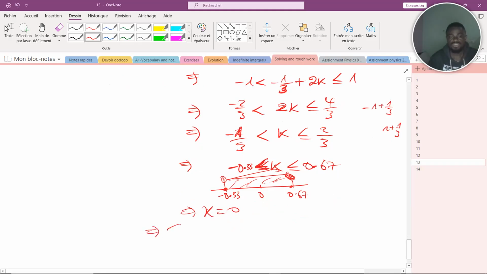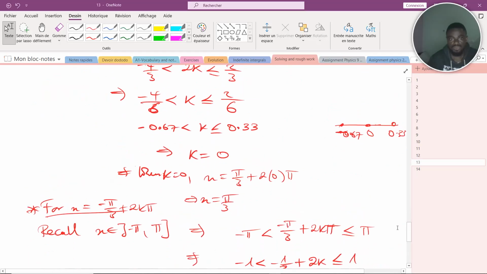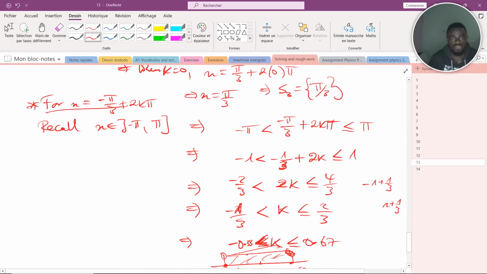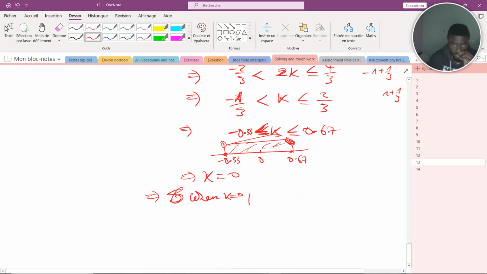So this implies, which I did not conclude here, I was supposed to conclude that S3, the general solution, will be pi on 3. Is that okay? Here, when k equals to 0, we substitute it here. When k equals to 0, x will be equals to minus pi on 3 plus 2 into 0 times pi.